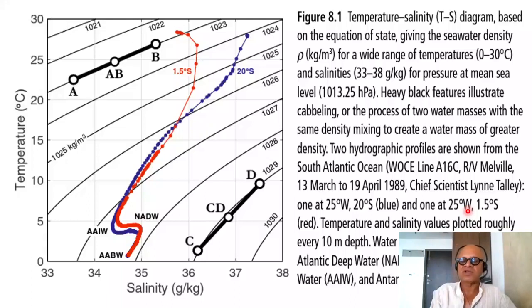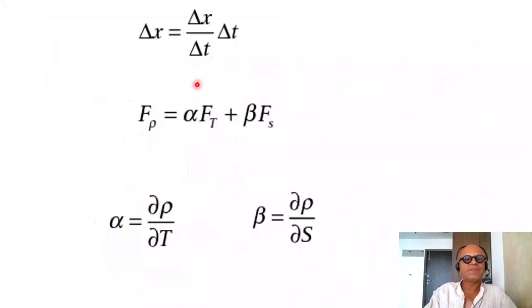So you're going along the same longitude. Temperature and salinity values plotted are roughly every 10-meter depth. Water masses labeled include North Atlantic deep water, Antarctic intermediate water, and Antarctic bottom water. You can see the density of the Antarctic bottom water at 1028 is about the heaviest we have in the oceans. Okay, now we can move towards defining buoyancy.